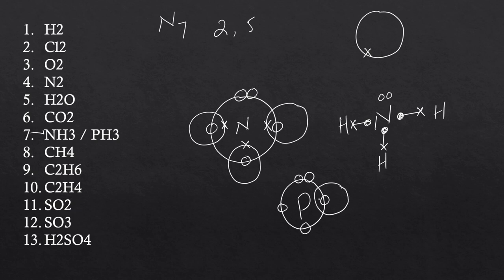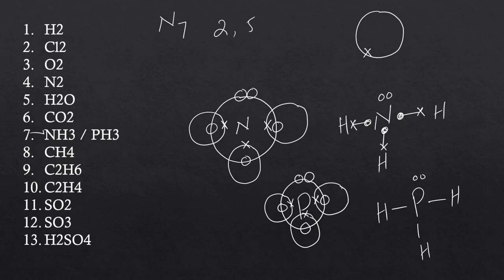One electron is here. It is another hydrogen's electron, and it is the third electron. It is just like ammonia. The pair of electrons is here. Hydrogen, hydrogen, and hydrogen. So both structures are similar.